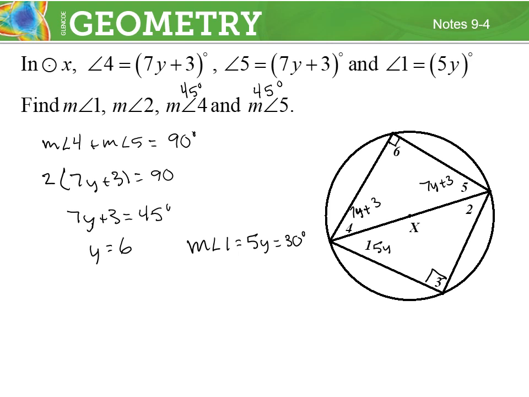So the measure of angle 2 plus the measure of angle 1, because those are the acute angles again of a right triangle, they have to add up to be 90. We know the measure of angle 1 is 30. We just need the measure of angle 2. So the measure of angle 2 equals 60.